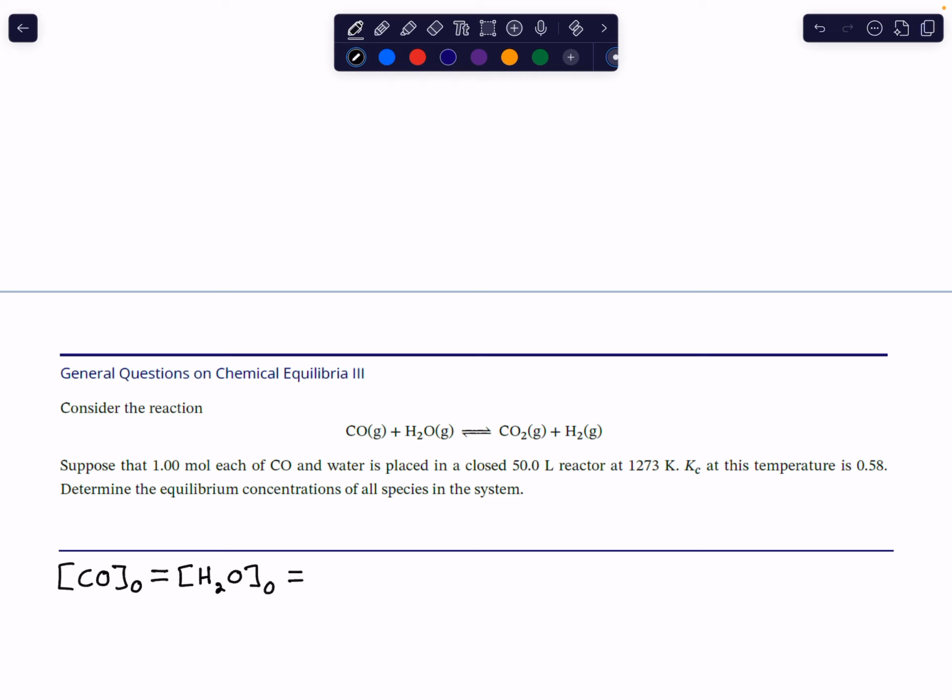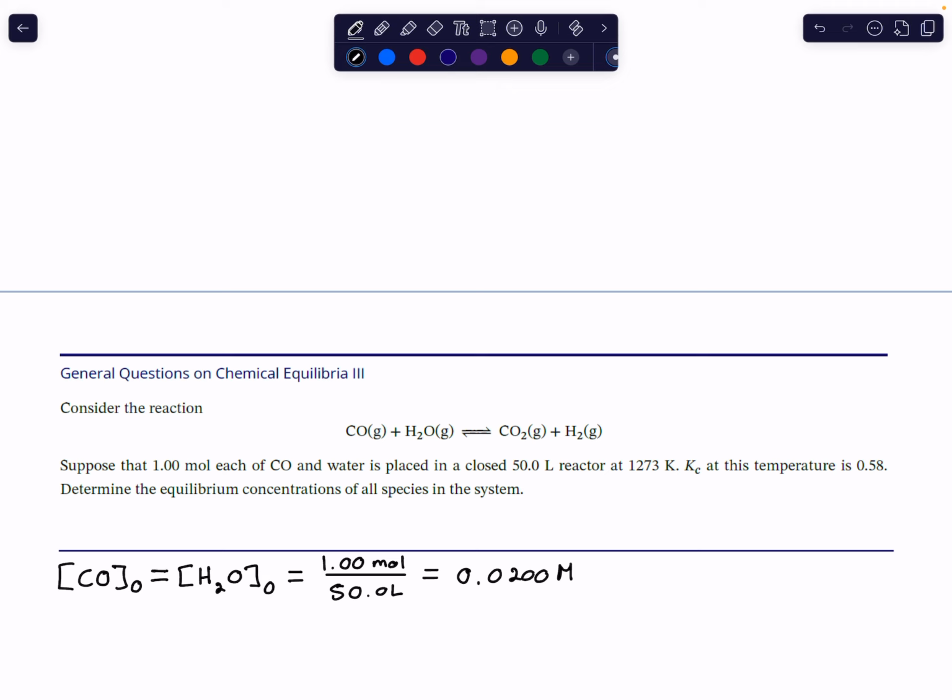So that is 1 mole in a 50-liter reactor. So the concentrations of these is 1 mole over 50 liter. That is 0.0200 molar. All right, and those are the reactants.